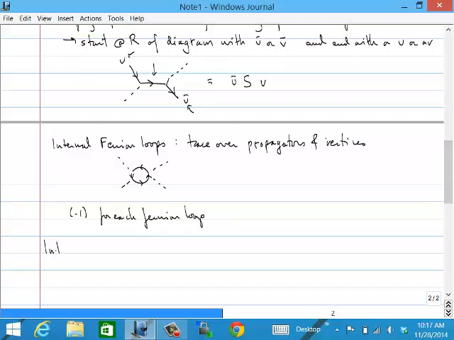And as usual, we integrate over each undetermined momentum, after enforcing momentum conservation at each vertex.